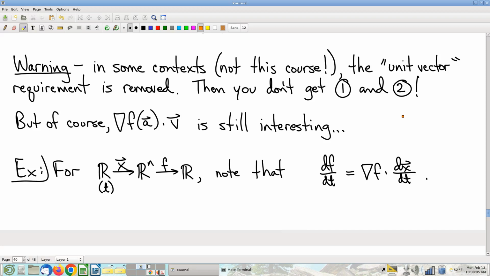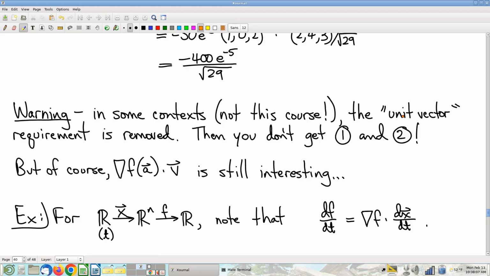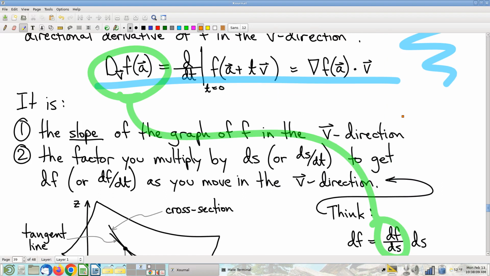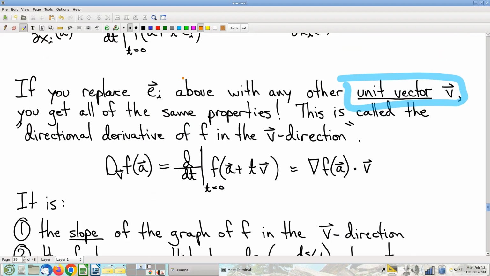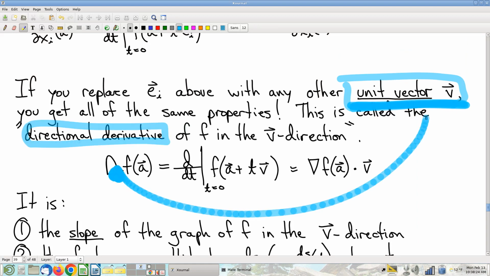But anyway, heads up: while our book, and therefore our course, has the very important restriction, non-negotiable in Math 219, that this has to be a unit vector. If you're going to use the term directional derivative, then that vector is a unit vector. In other contexts, they remove that requirement.